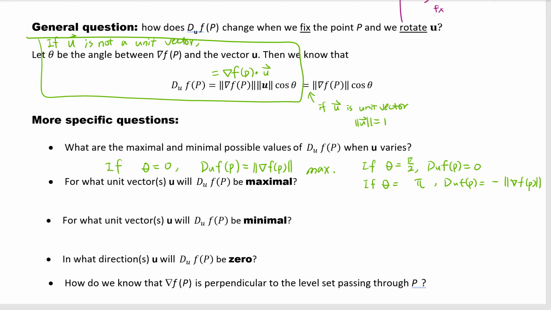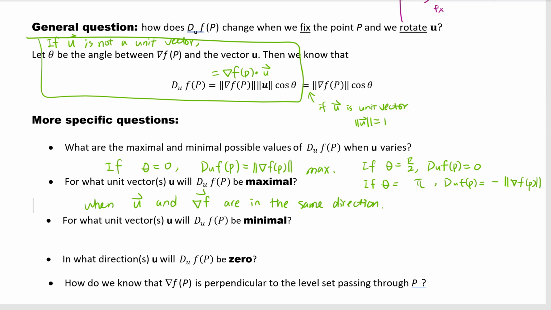For what unit vector u will this be maximum? When u and the gradient of f are in the same direction, because theta equals 0.